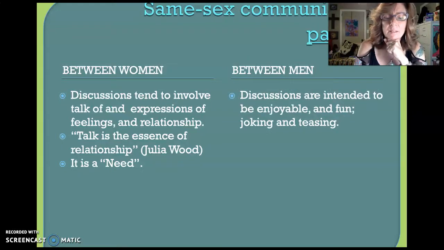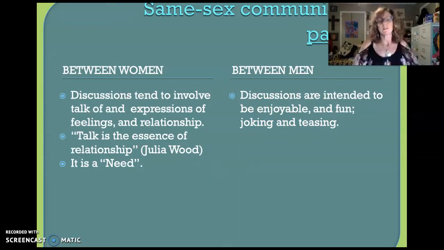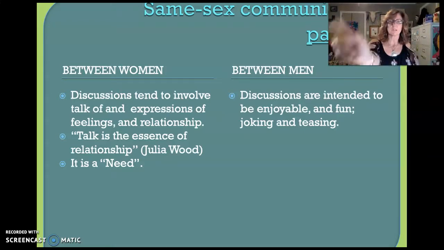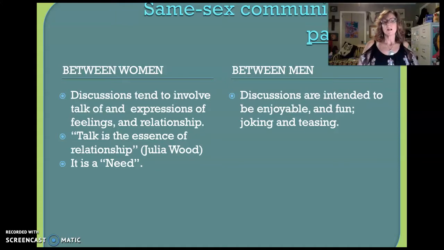Now, men, their conversations tend to be more about things that are fun, not too serious, joking or teasing. I would suggest that, and these are mostly heterosexual examples, but even in lesbian relationships, women still follow that thing of talking, needing to communicate with each other.